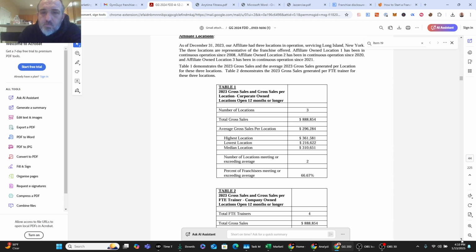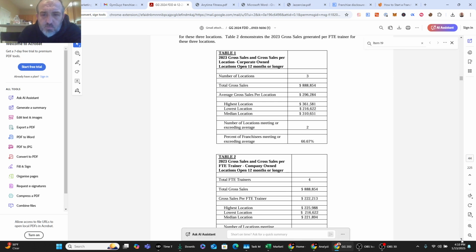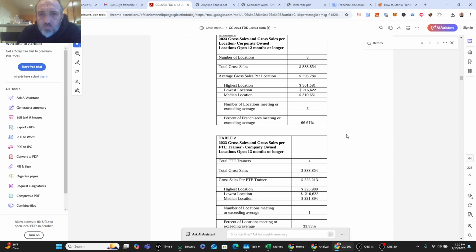In this one, it shows the company-owned ones first. There's 3 locations, total gross sales, average gross sales, high location, lowest location, median location. Okay, so it shows all this information. All this looks good.